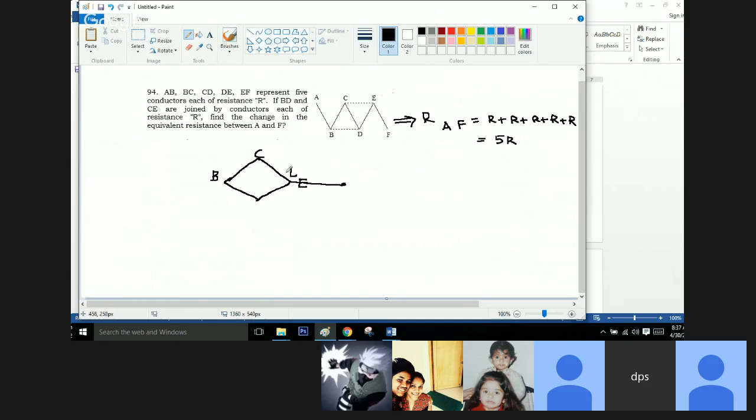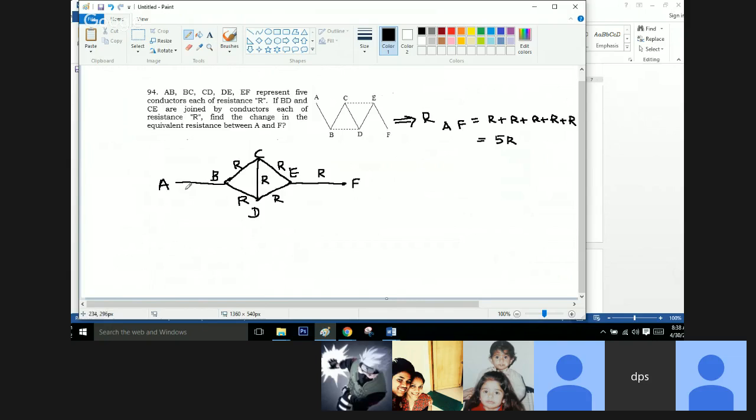This is E. From this there is F. They are saying that this is R. CE is also given as R. BC is R. BD is R. DE is R. From A there is one more link. Now between C and D also there is something, R.